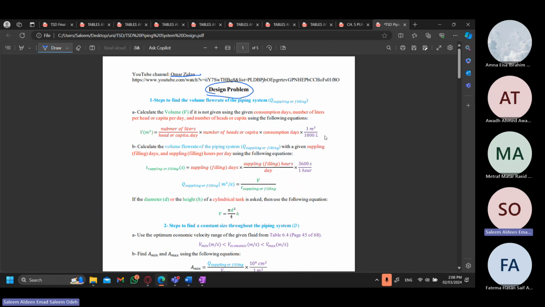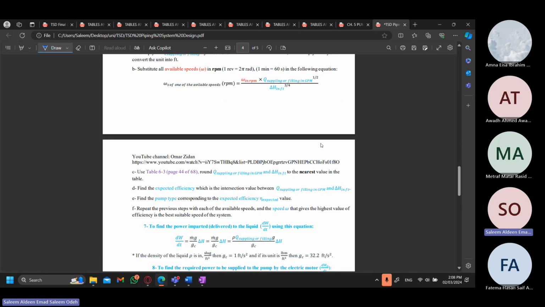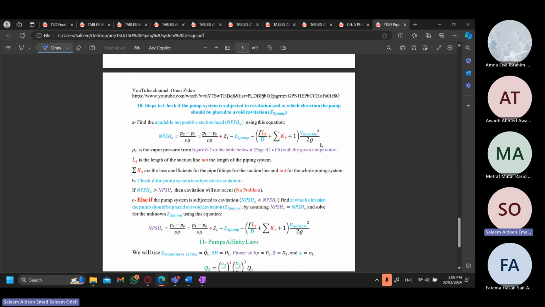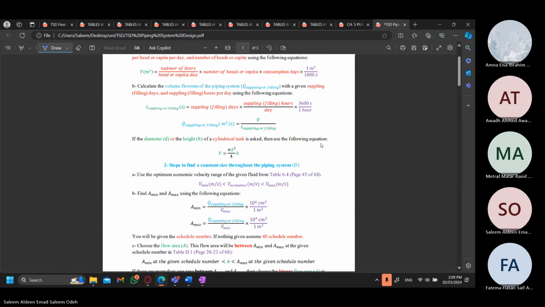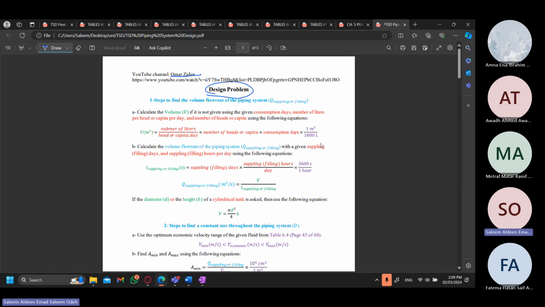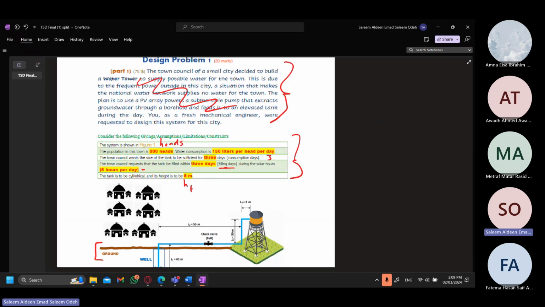I can't figure out a single problem, it explains everything down to a T. I don't know if Dr. Kama would be fine with it, but try to bring it with you to the midterm and try to solve following these steps. That's how I solved this question, and it was perfect. So we'll start right away using Omar Zaidan's sheet.